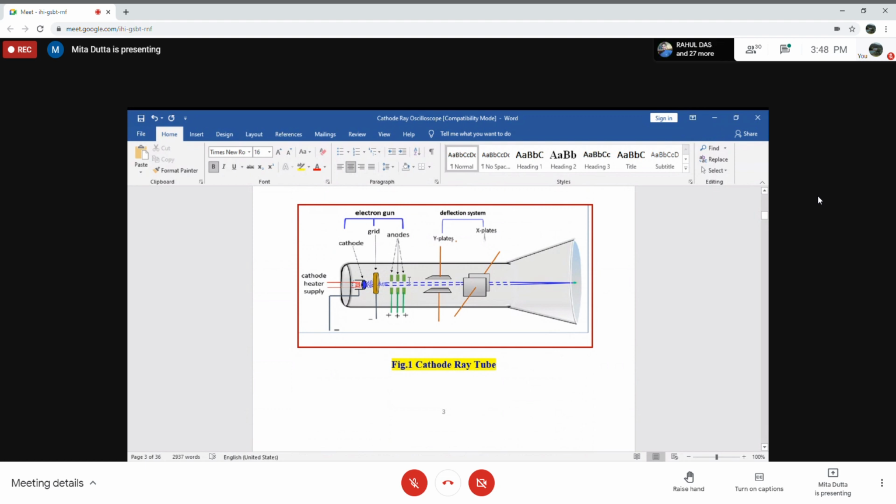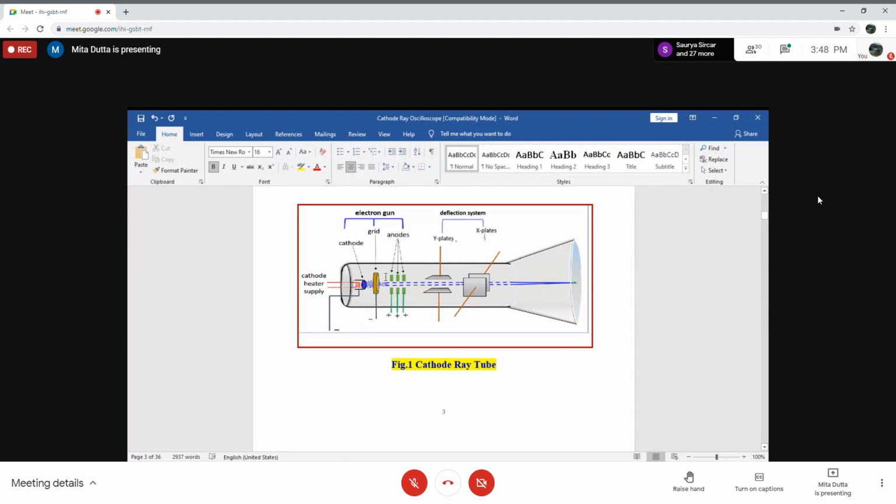All these are cylindrical in shape, and a positive voltage is applied to them. The focusing anode will focus the electron beam, and these 3 anodes are kept at positive potential with respect to the cathode.